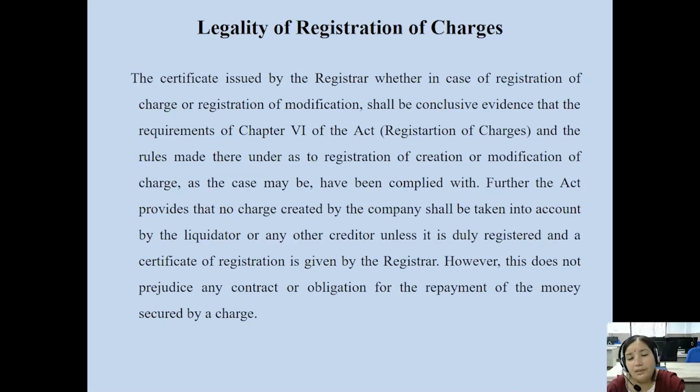It must be registered at the registrar of companies for record purposes, for obtaining loans and advances from banks and financial institutions, and for making repayments on loans and advances to banks and financial institutions with interest. These registers have to be kept so that you have valid records and proof that you have entered into transactions with that particular bank or financial institution for the purposes of repayment of the money secured by a charge.